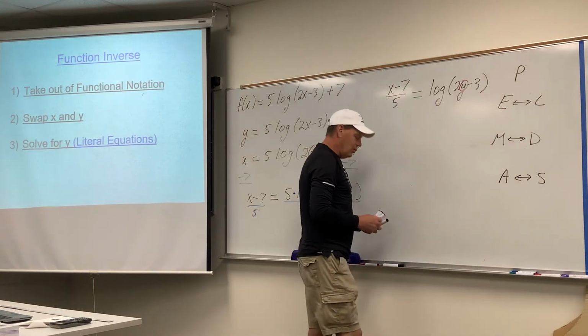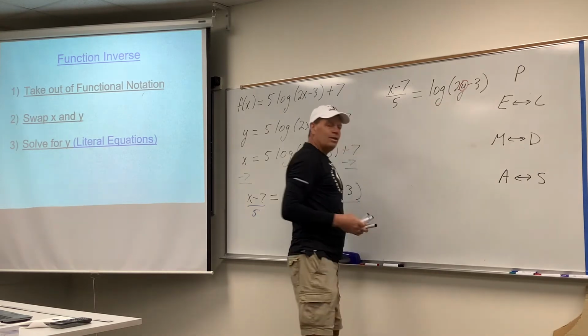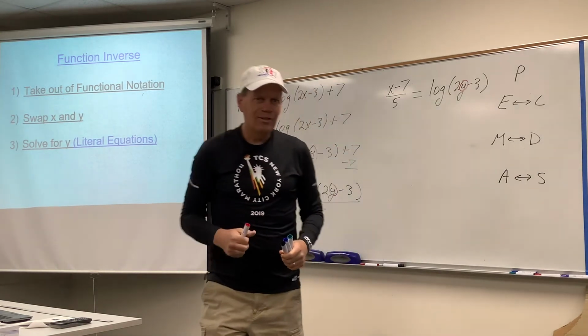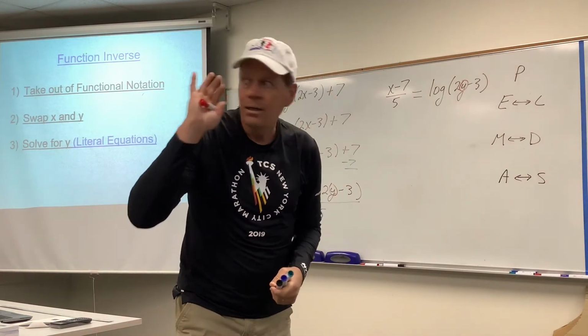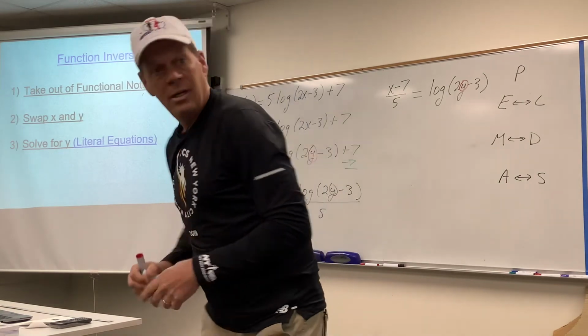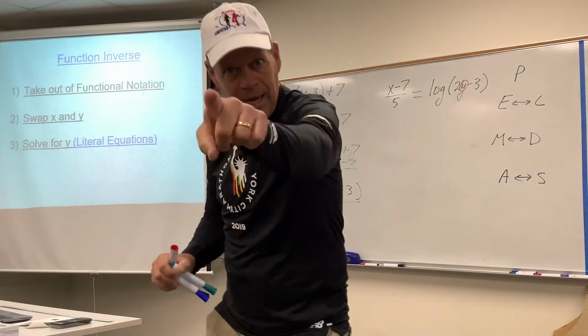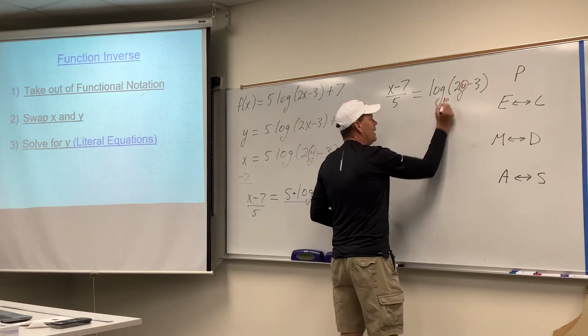And in order to do that, we need to identify what our base would be for this logarithm. So when it says log, and there's not a base there, what is it? Anybody? It's 10. You're right, there's a 10 sitting down there. I want to remind you of that.